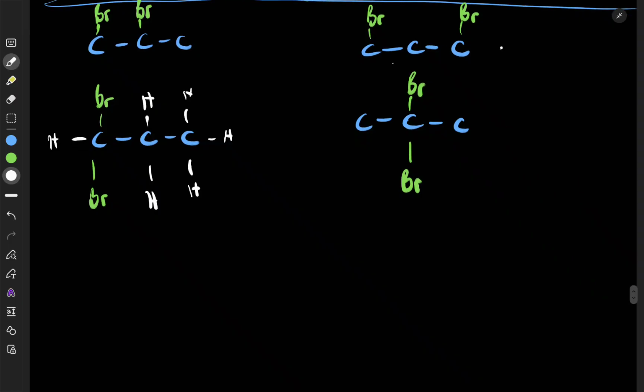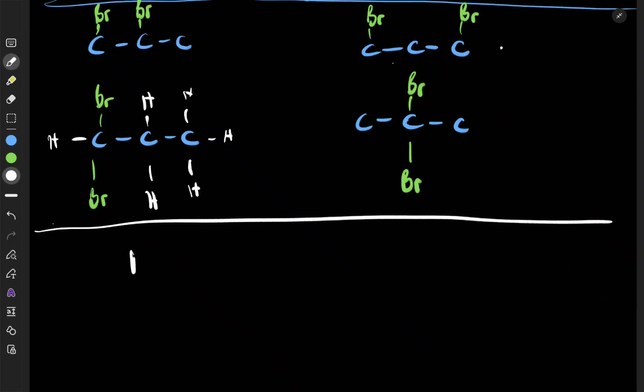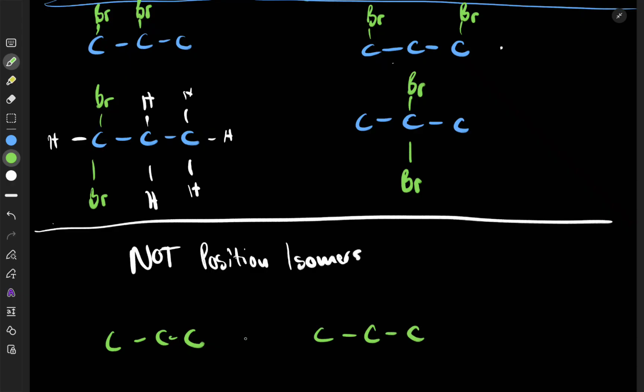Let me show you things that are not position isomers. They are not even isomers. If I show you something like this, if we have something like 1, 2, 3 like this, and I put another one. Remember, when we say isomers, we'll be comparing. So here, we can't say we have two different isomers when we have something like this.